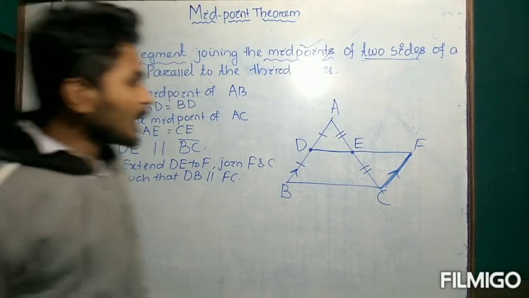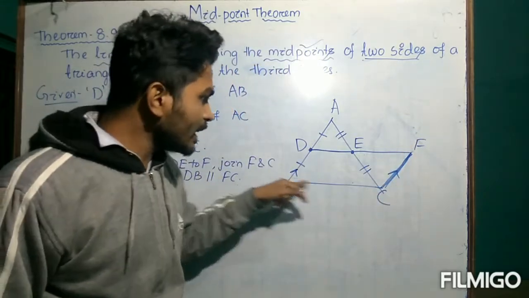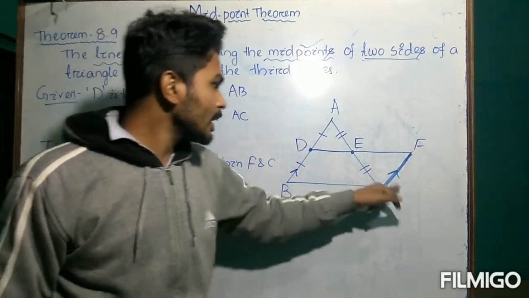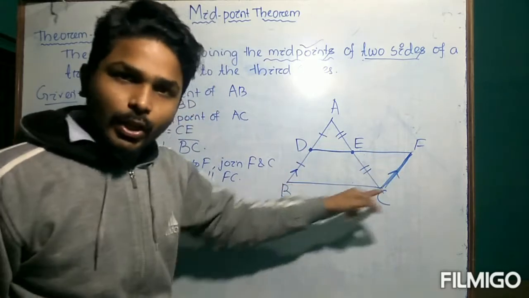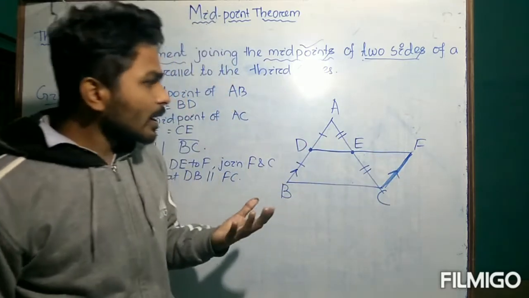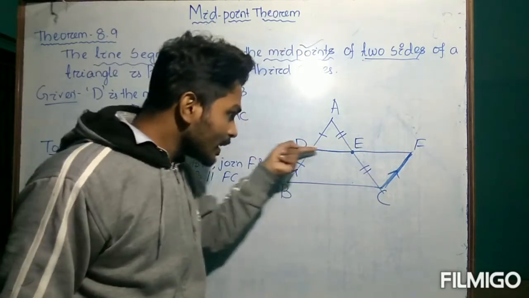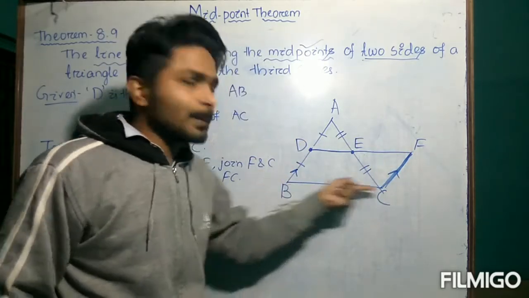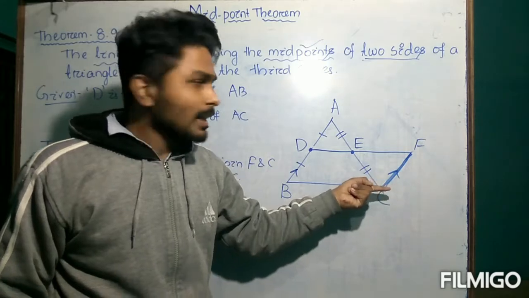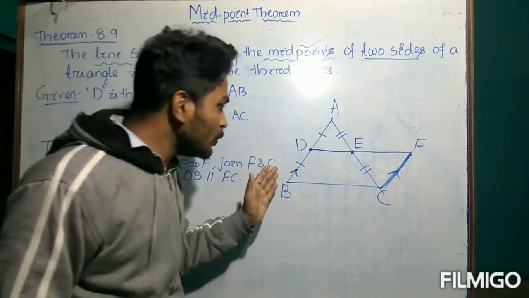Whenever I extend DE to a point F and join F and C, then I get a quadrilateral here. As you can see, DBCF is a quadrilateral that I have got. So if I can prove that this line is parallel to this line, then I can say yes, DE is parallel to BC. So first of all, I have to prove what?